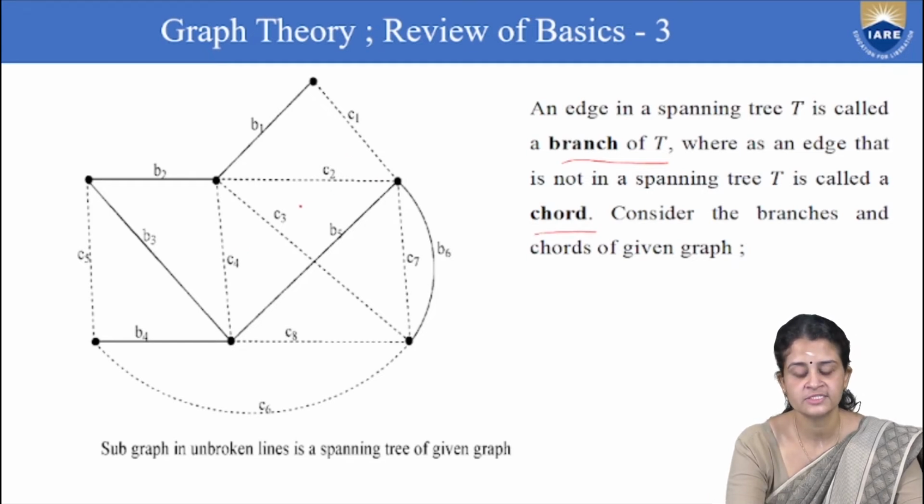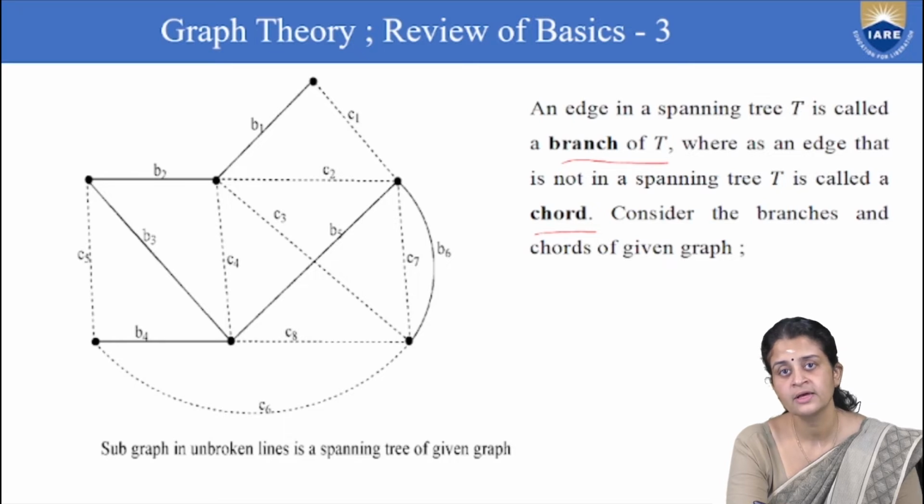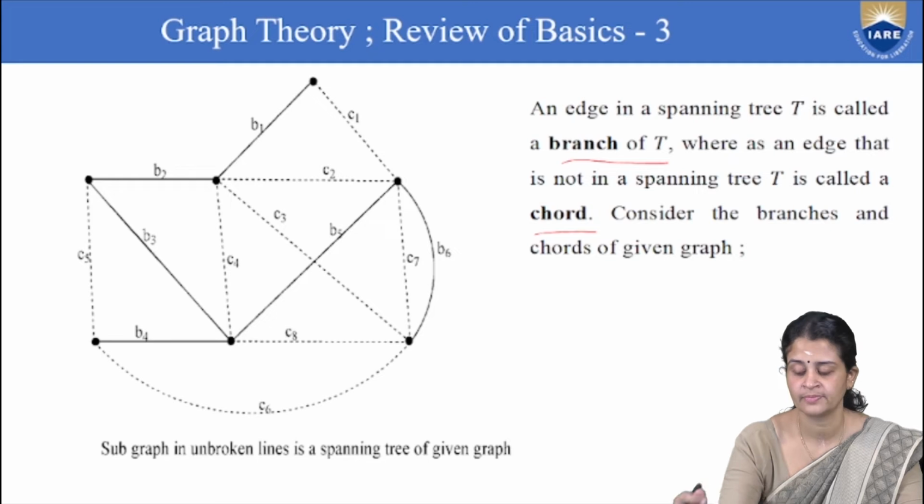That is, C1, C2, C3, C4, C5, C6, C7, C8 are the chords of this spanning tree. Branches are the edges that belong to the given tree, and chords are the edges that do not belong to the given tree.